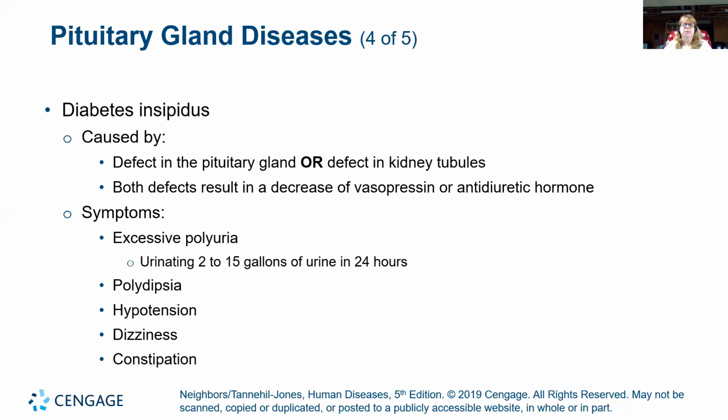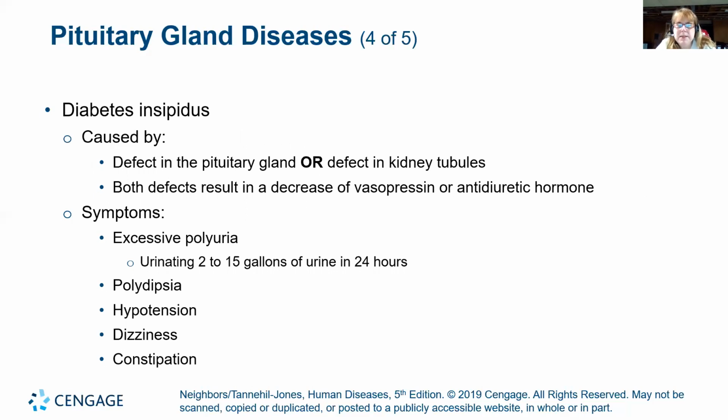Another disease of the pituitary gland is diabetes insipidus. This is not diabetes where we are talking about glucose problems. This is caused by a defect in the pituitary gland, or sometimes by a defect in the kidney tubules.